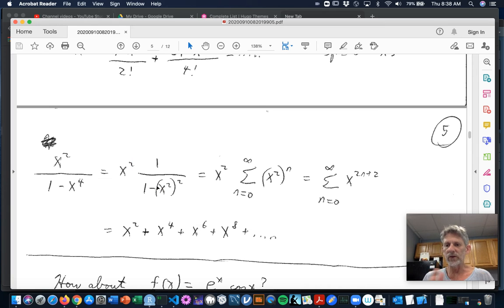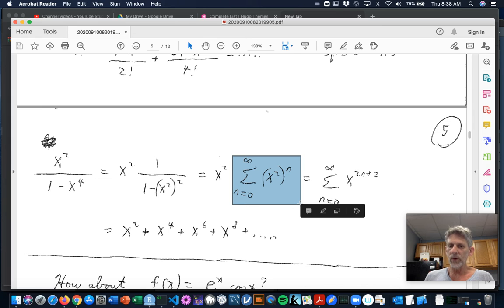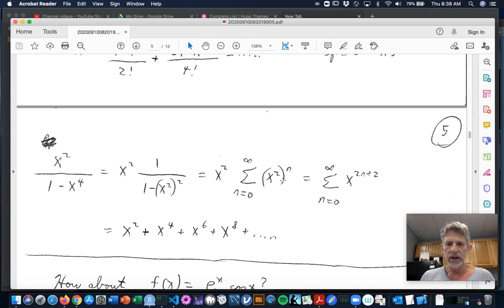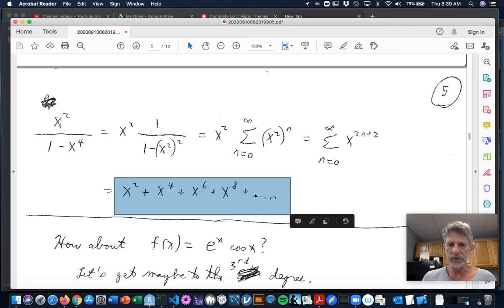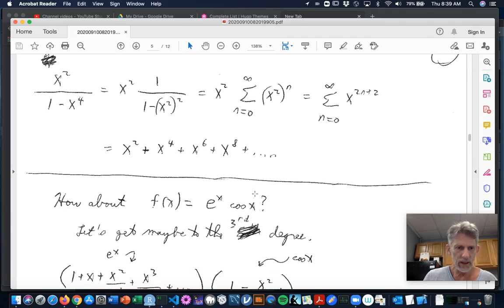So I can relate it to the 1 over 1 minus x. And so then I've got x squared times the power series for 1 over 1 minus x, but I plugged in x squared where I saw an x. And this is x to the 2n. And if I distribute in x squared, I'd get x to the 2n plus 2 as a power. And again, you can practice writing out some terms.